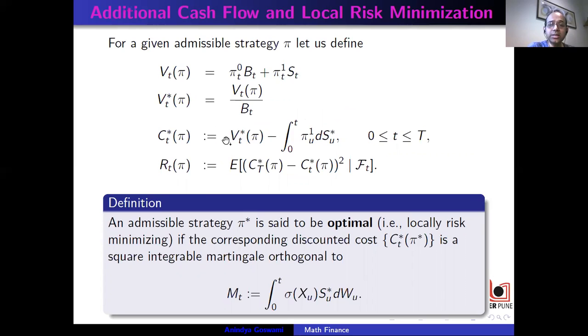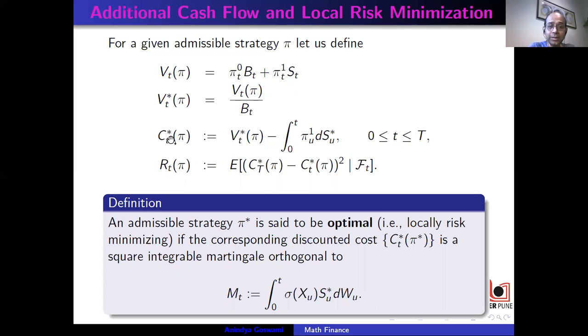But here this is the gain function, this is the discounted portfolio, and you require that portfolio to reach that contingent claim. So you adjust it by introducing some extra additional cash flow that you call C star. So C star is defined as the difference of this. This need not be constant all over.